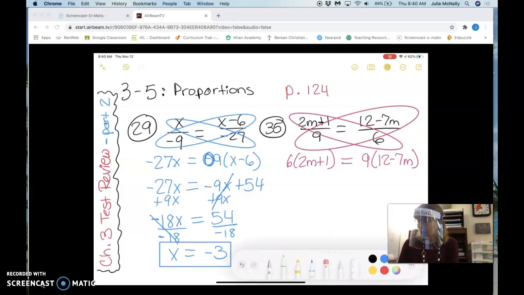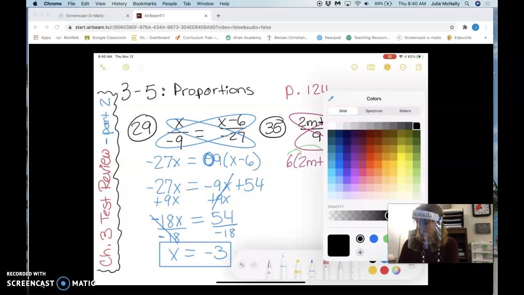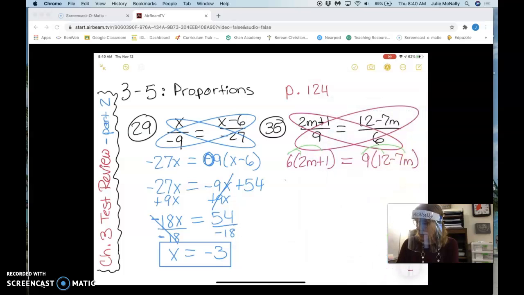So again, I have to distribute whatever's on the outside to everything on the inside. So 6 times 2m is how much? 12m. And 6 times 1. And then 9 times 12. And then 9 times negative 7m.